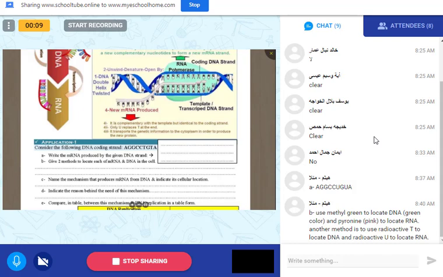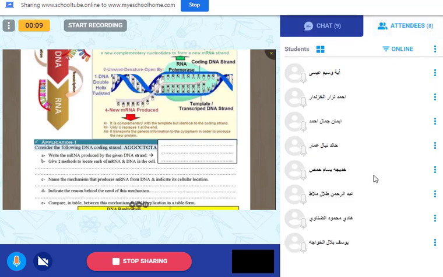Now, name the mechanism that produces messenger RNA from DNA and indicate its cellular location.